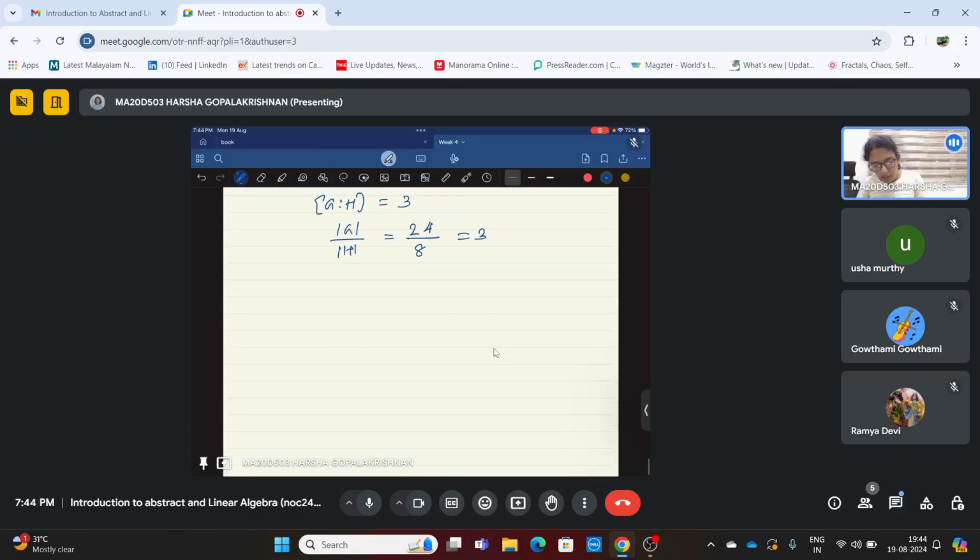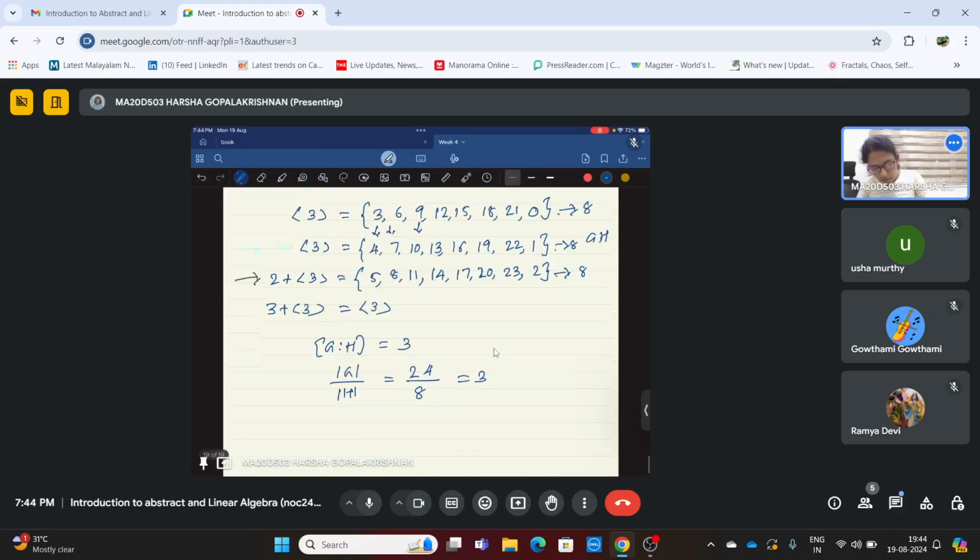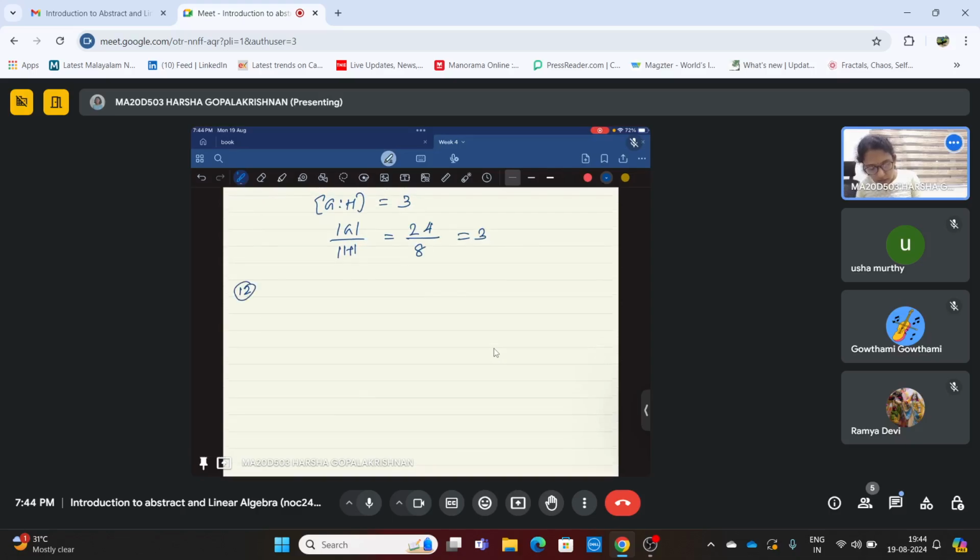Now, next, let me ask one question. Define phi from R to Z under addition. That means both R and Z are groups under addition. It is defined as phi of x equal to the greatest integer of x.